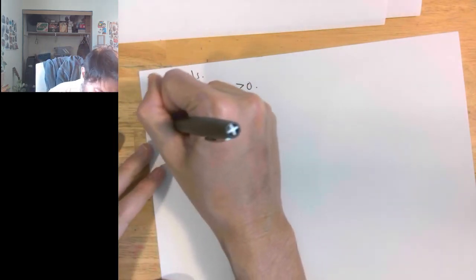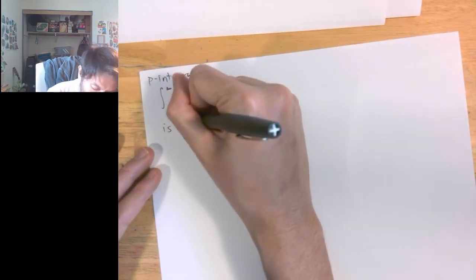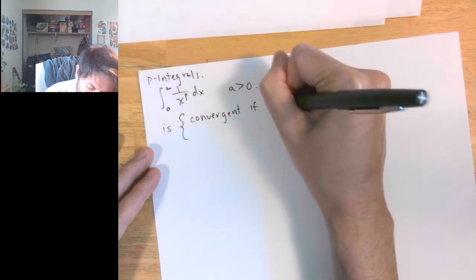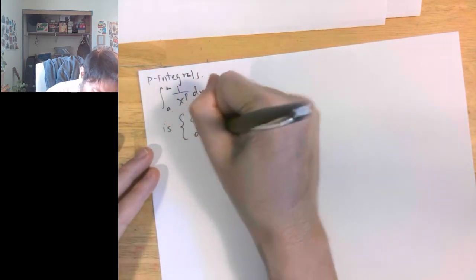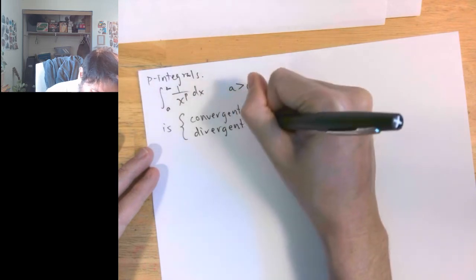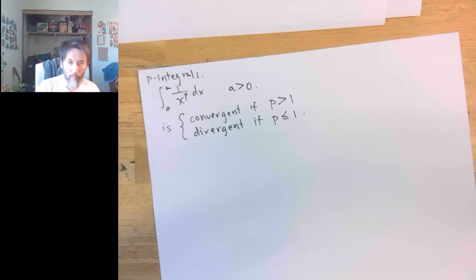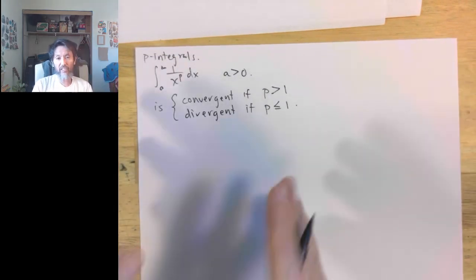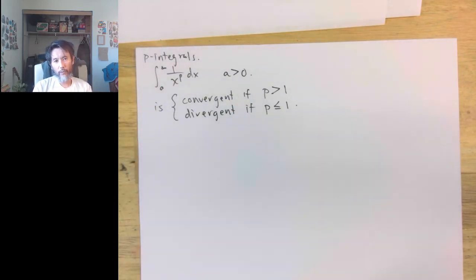This thing is either convergent or divergent, and it's convergent if p is greater than 1, and it's divergent otherwise, if p is less than or equal to 1. Okay? So this is the statement. Right now I'm just sort of shoving it down your throat, but I can actually prove this for you.